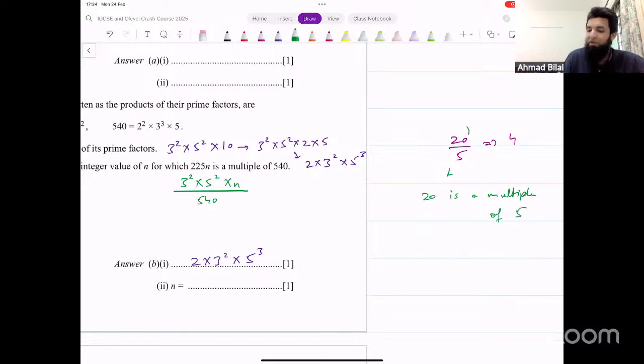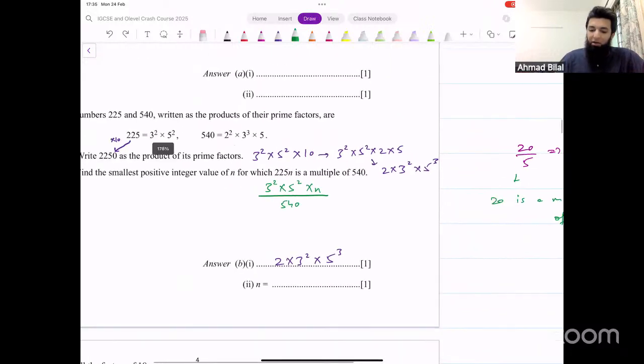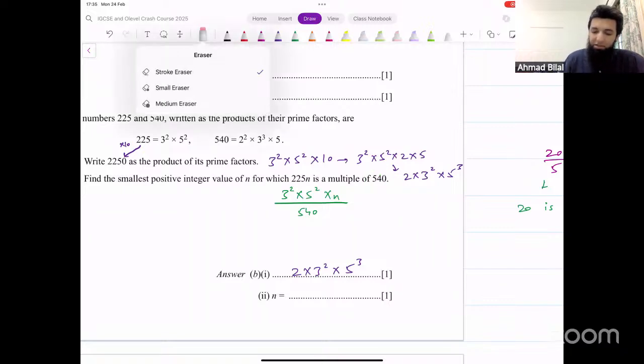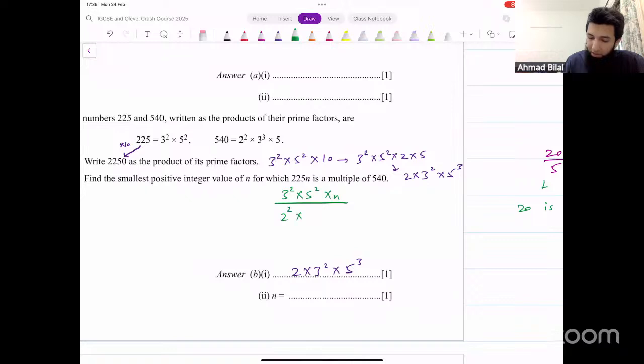That's why when we divide 20 by 5, we get an integer answer. So if we do 225n divided by 540, that should be an integer. Okay. Now, how do we make this an integer? What's 540? 540 as its prime factors is 2 squared into 3 cubed into 5.